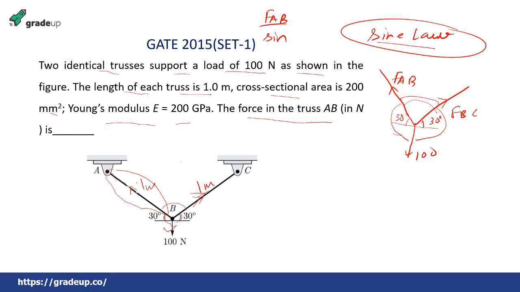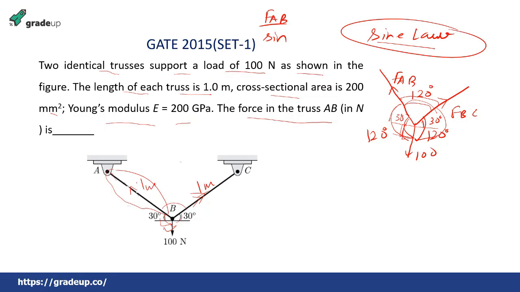If this is 30 degree and this is 90 degree, the total angle will be equal to 120 degree. Similarly, this will also be equal to 120 degree, and we know that the complete angle will be equal to 360, so this will also be equal to 120 degree.